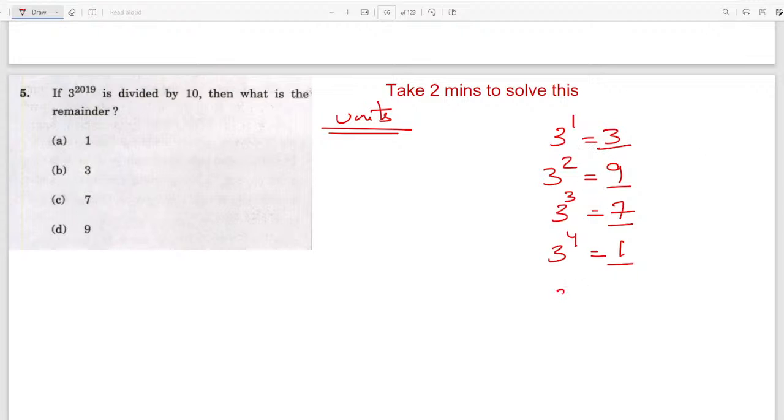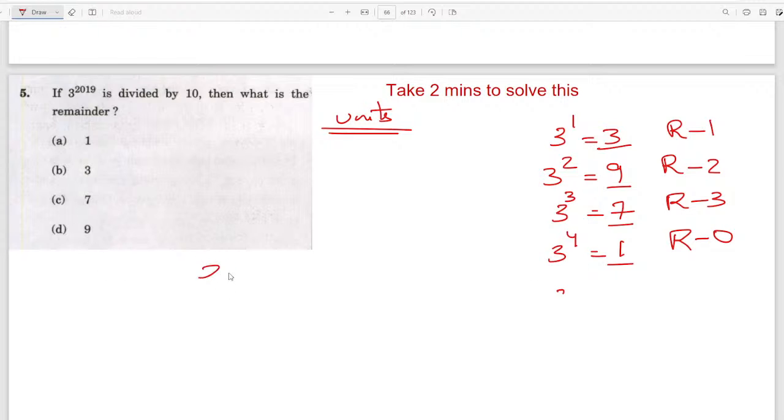So the cyclicity is 4 here. When you divide the power by 4, if you get the remainder 1, you would get the units digit as 3. If you get the remainder 2, the units digit is 9. If you get the remainder 3, the units digit is 7. And if you get the remainder 0, the unit digit is 1.